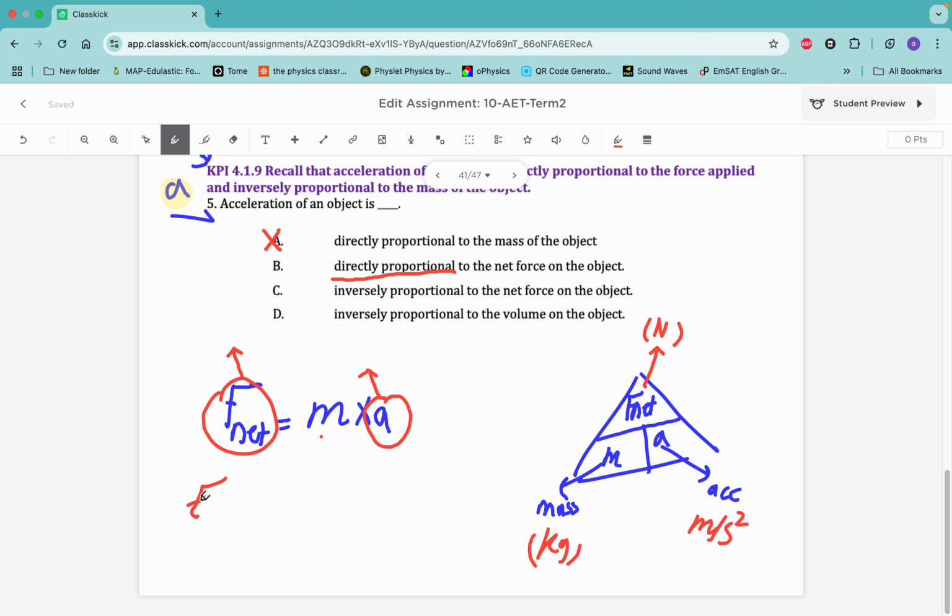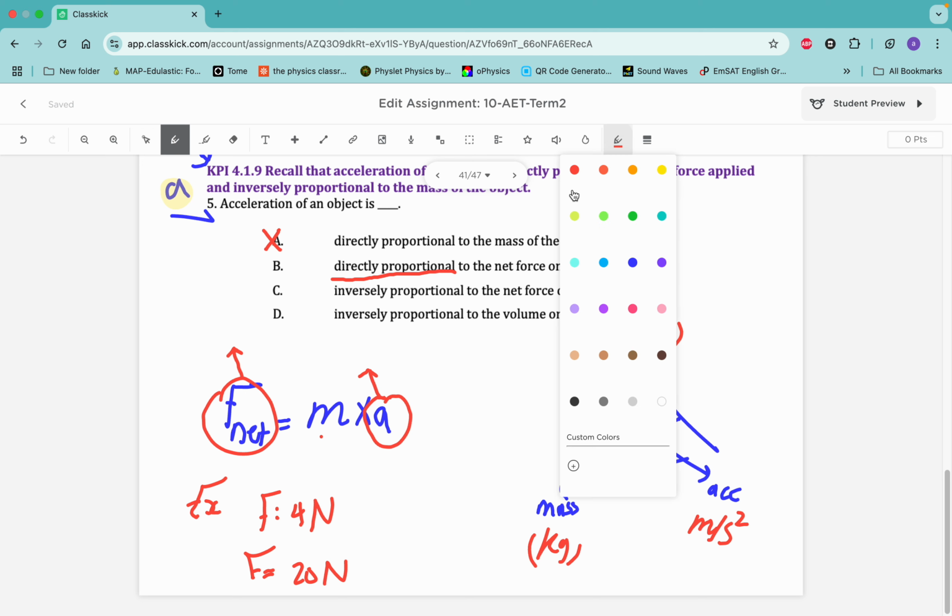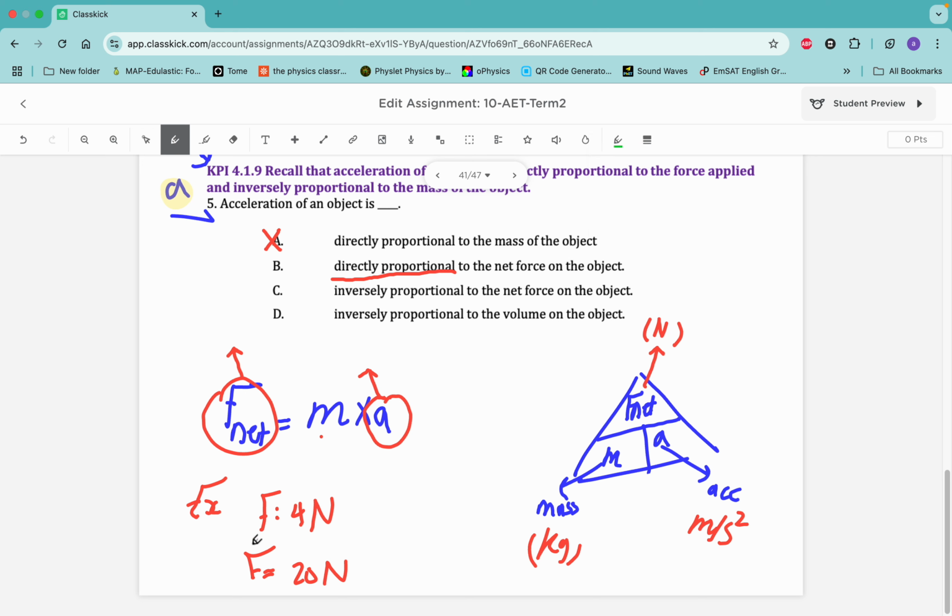For example, if the net force is 4 newtons, and we have another case where the net force is 20 newtons, which one will cause more acceleration? Definitely more force. So more force means more acceleration. So they are directly proportional to each other. So the correct option is B.